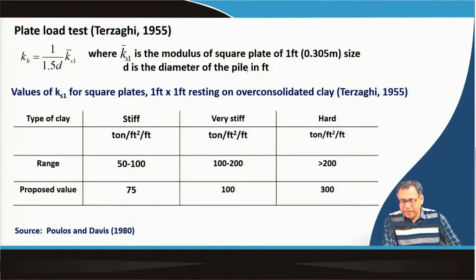D is the diameter of the pile in feet. Okay. And then finally we will get the kh, which will be your horizontal subgrade modulus. So, this is the one relationship which is given here, based on the plate load test.